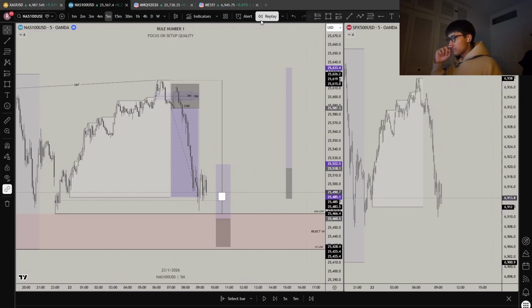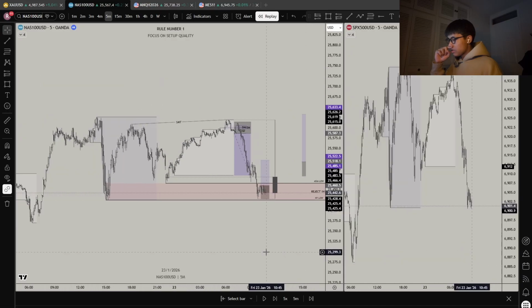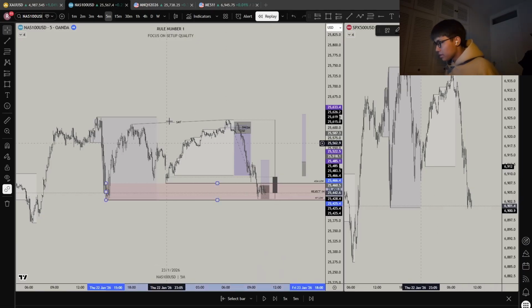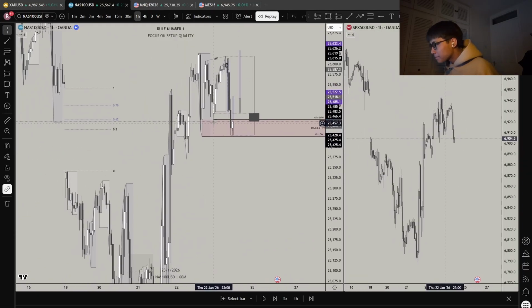NQ did a similar sort of movement where it just taps... oh shit, I mixed it up. Okay guys, so this is my bad. Now it makes sense. Okay, so previous day low.